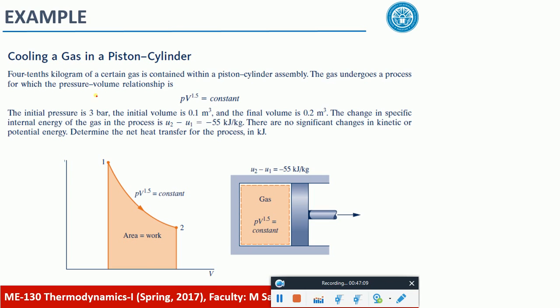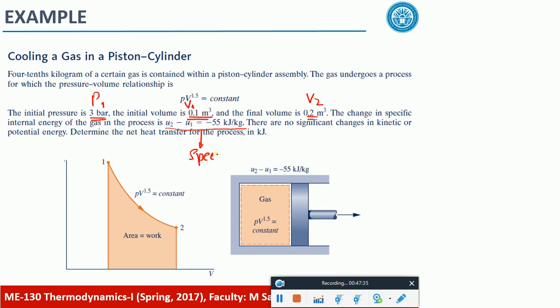So you can say that it is giving you what? It is giving you V1. I would say this is P1 because this is the initial, and then initial pressure and initial volume, and this is V2. The change in specific internal energy of the gas, if you have this smaller u, what does that mean? Just look at the units and tell me.